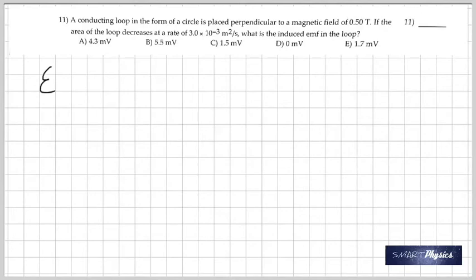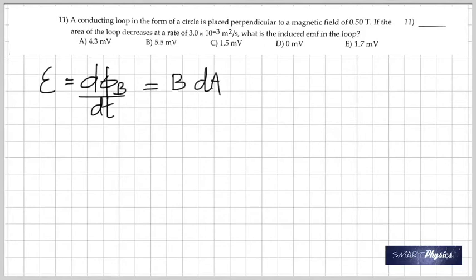In this question, a conducting loop in the form of a circle is placed perpendicular to a magnetic field of 0.5 Tesla. Here the area of the loop decreases. Okay. So again, induced EMF is d phi B by dt, but phi is B times A. B is constant, area changes. That's why I've written it as B dA.